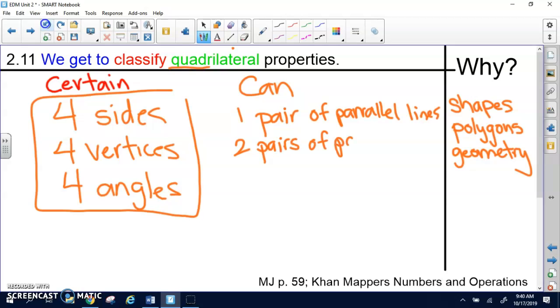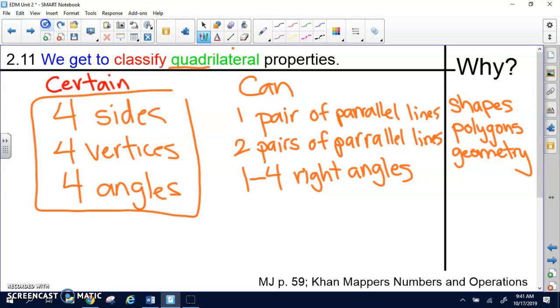And then to this point that was given just a moment ago, it can have anywhere from 1 to 4 right angles. It can actually, I should say 0. It can have 0 to 4 right angles as well.